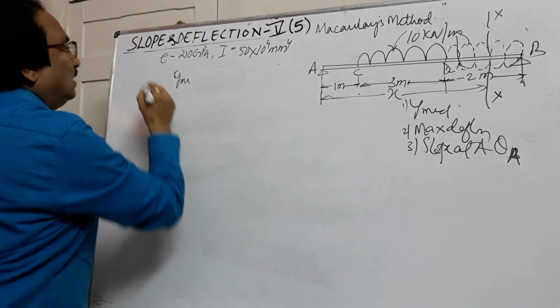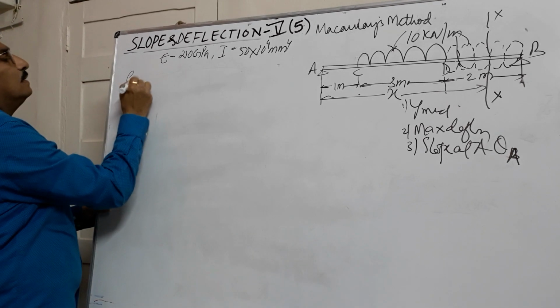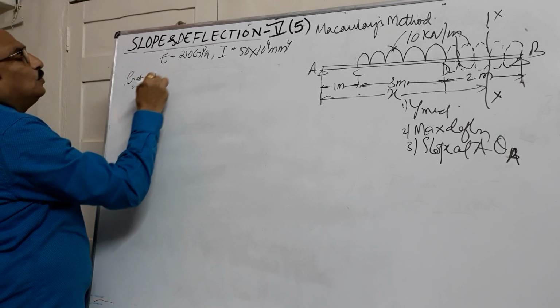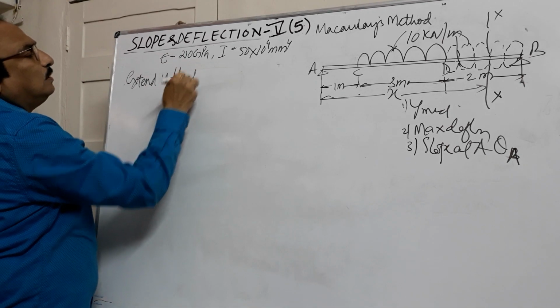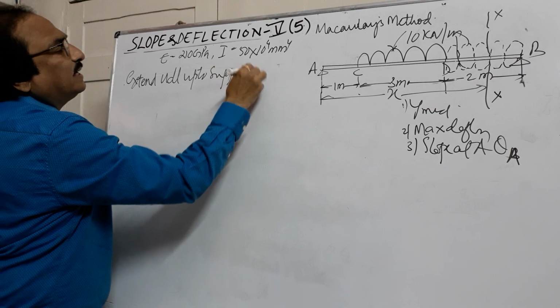So what we have to do: extend the UDL up to the support or right end.